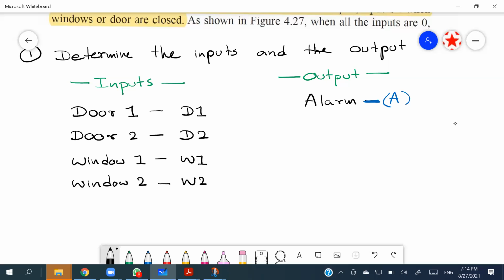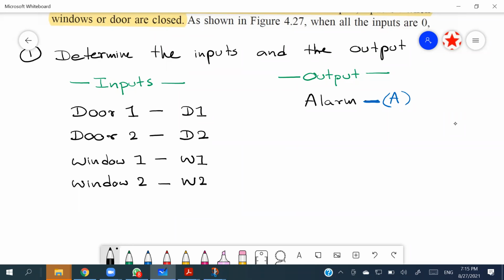A bulb lighting up is one state, not lighting up is the other. A switch on is one state, off is another. Always remember, if you are asked to create a logic circuit, you have to concentrate on these two states of a particular input or output.